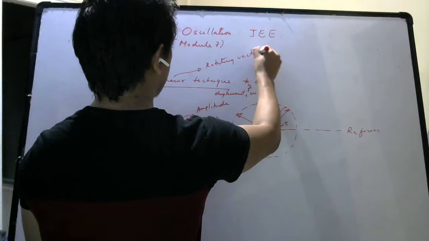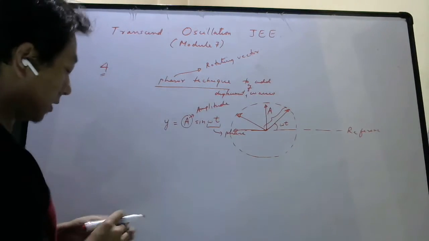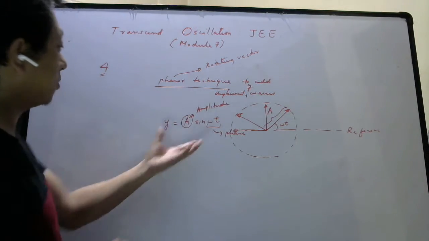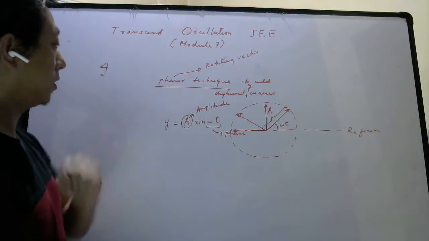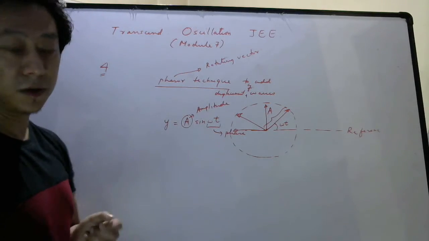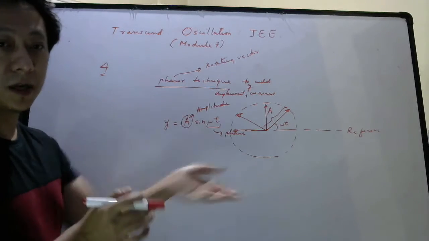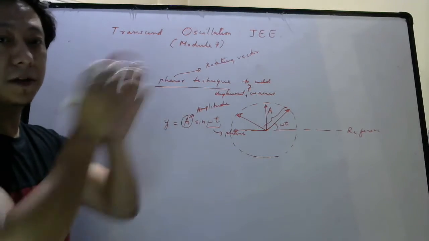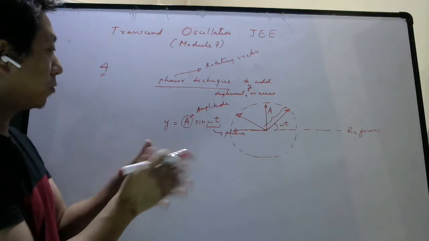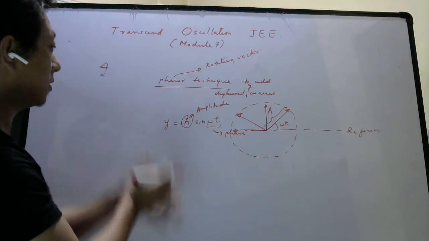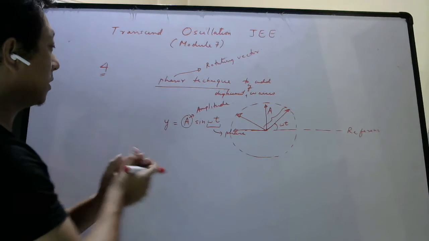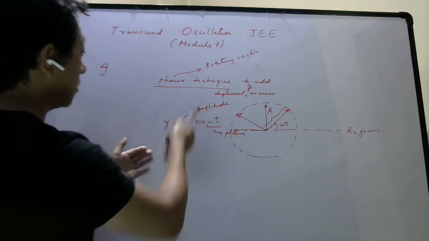So why this technique? Suppose you want to add two simple harmonic motions. There is a particle, one wave is coming from one side, another wave is coming, and it is oscillating. When both waves superimpose and you want to find the resultant displacement, using trigonometry will be difficult.